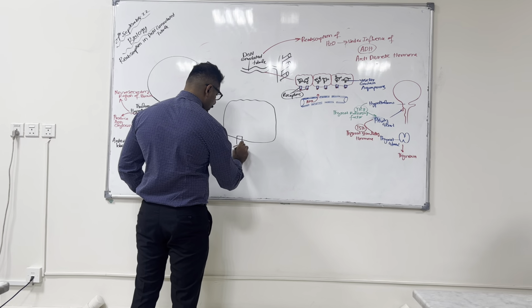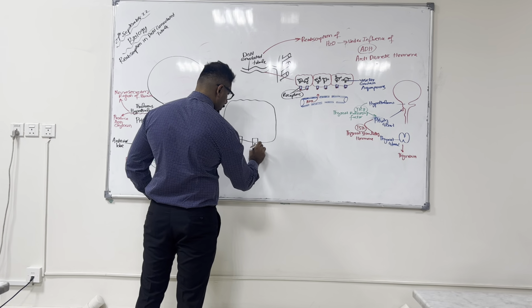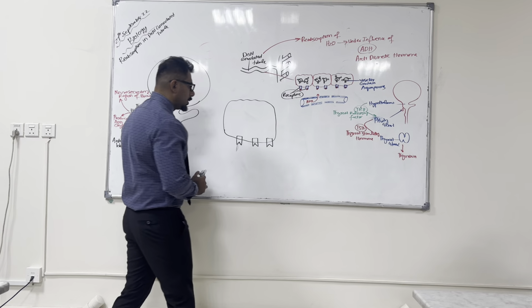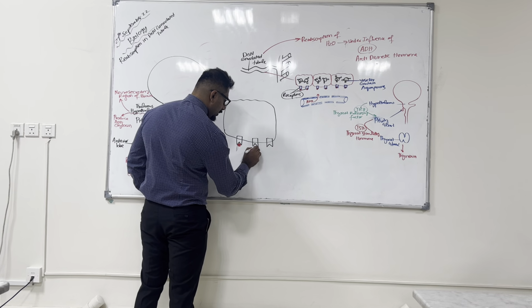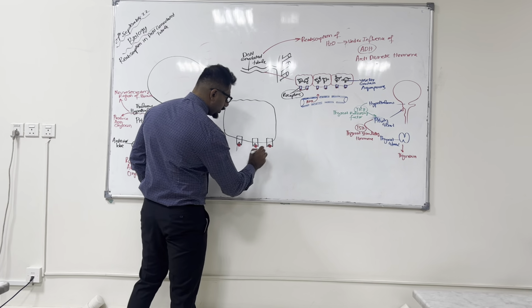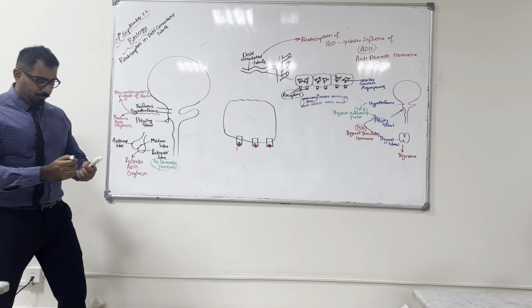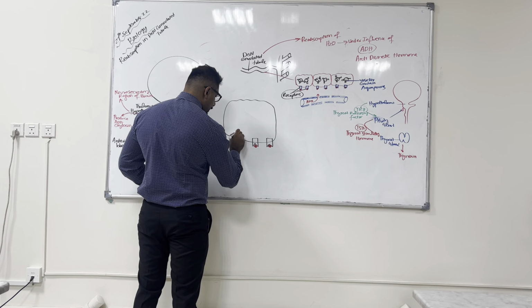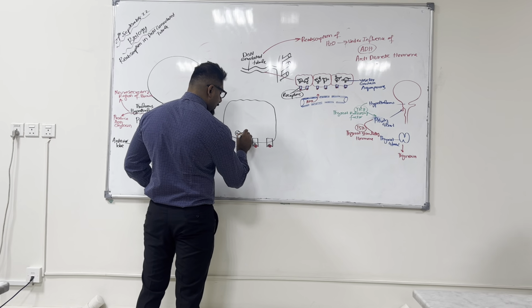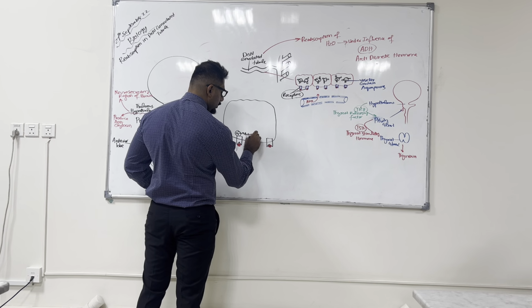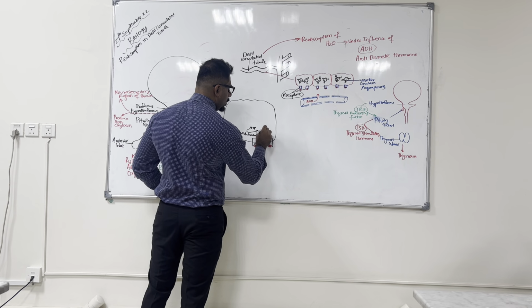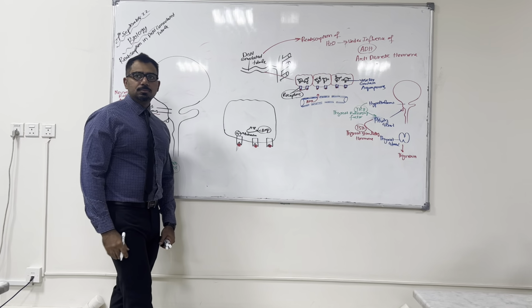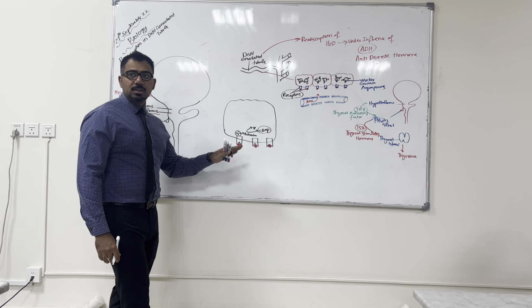Now, these are what? Receptors. What happened? The hormone attached with it. What happened over here? There was a G protein, its activation took place, and because of that, an ATP molecule changed into cAMP. cAMP, not GDP.